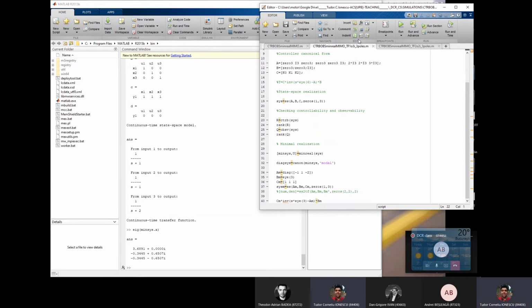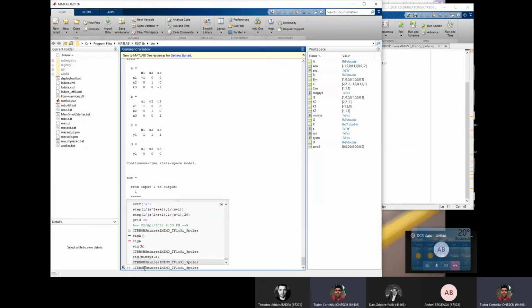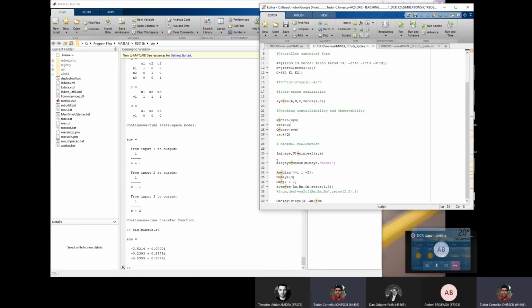Oh, it should be minus everywhere, because otherwise this is not right. This is stable now, you see? We have a stable minimal system. So min sys is the minimal system, and we're going to do approximation of this min sys.